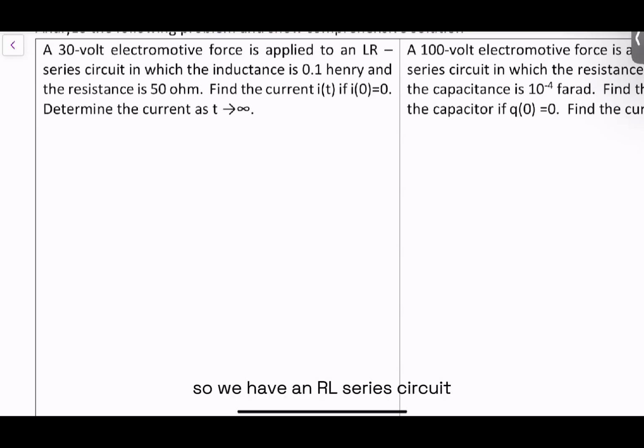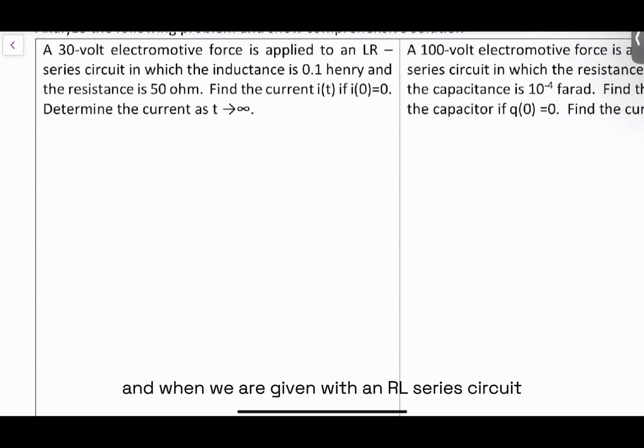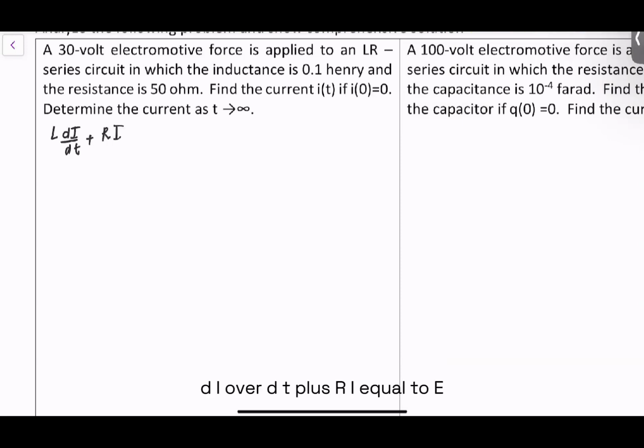So we have an RL series circuit, and when we are given an RL series circuit, the model that we will be using is L di over dt plus R I equal to E. We are given some initial conditions.